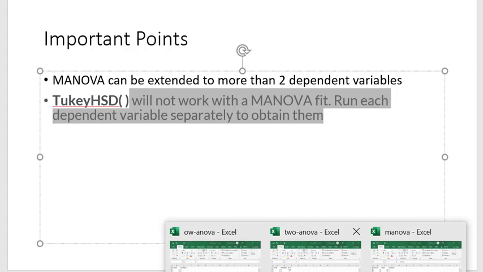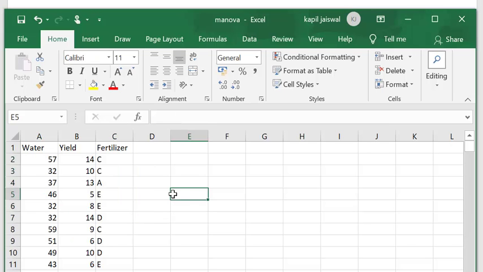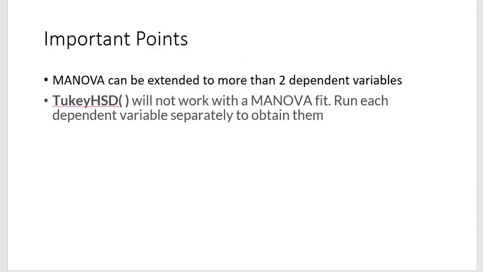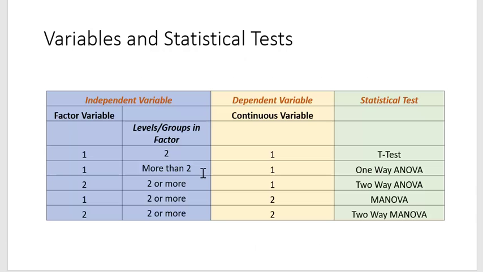Okay, I hope I was able to make things clear on what kind of variables are used and what is the analysis that we are going to do with various combinations of dependent and independent variables. Okay, and to summarize, I just want to show you one more slide where you can see the combination of various dependent and independent variables, what are the various labels or factors or groups in the factor variables, and what kind of test would be helpful for our analysis.